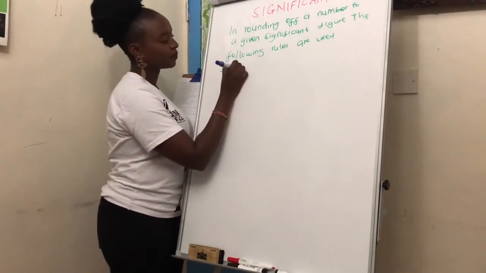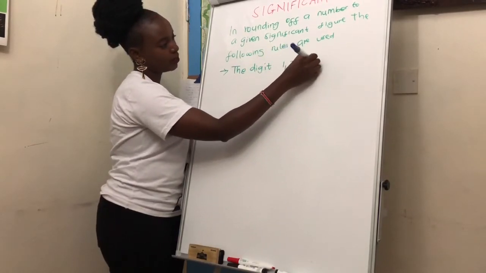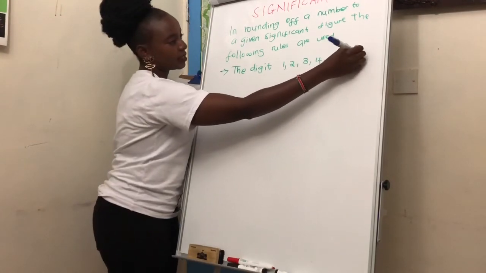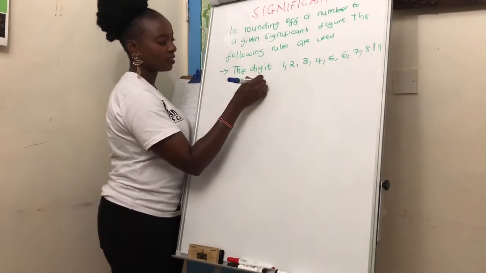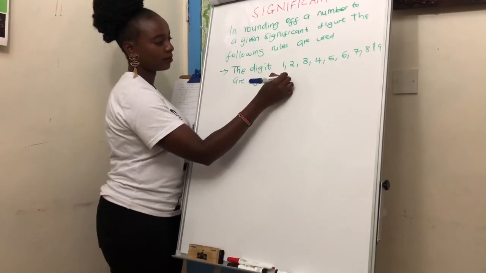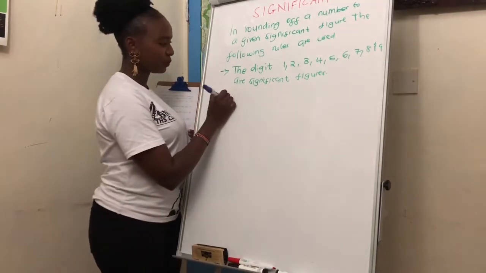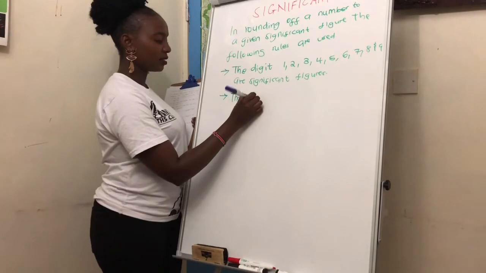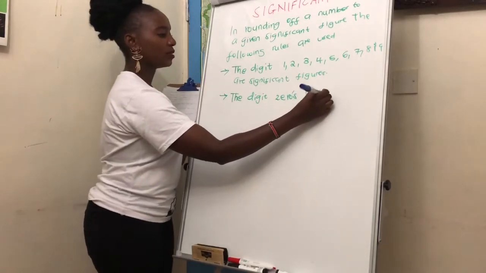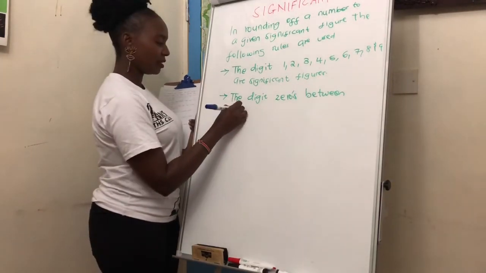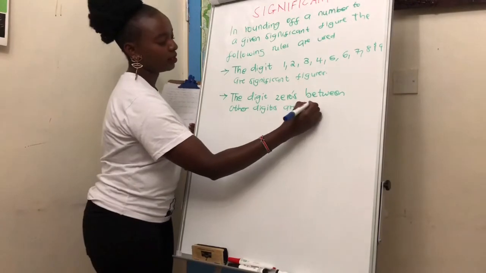So one, the digits 1, 2, 3, 4, 5, 6, 7, 8, and 9 are significant figures. So the second row, we see the zeros between other digits are significant.